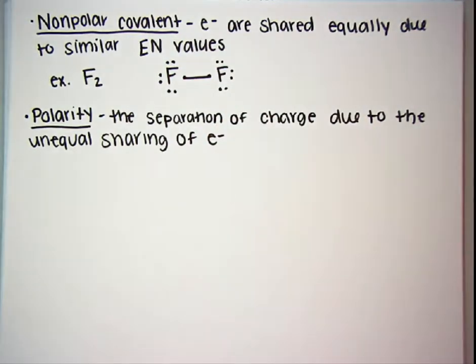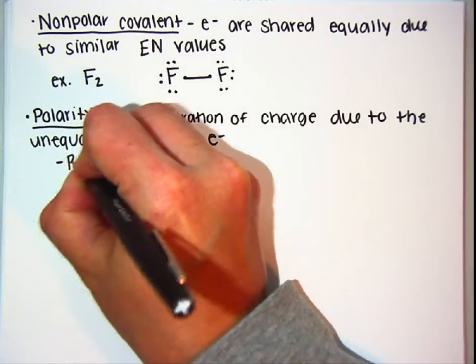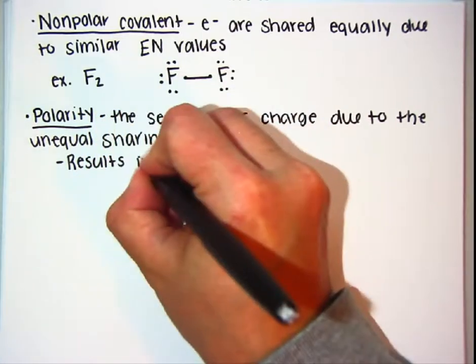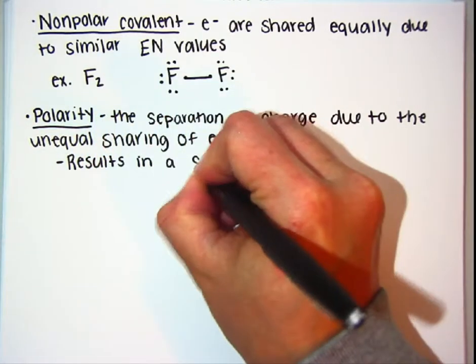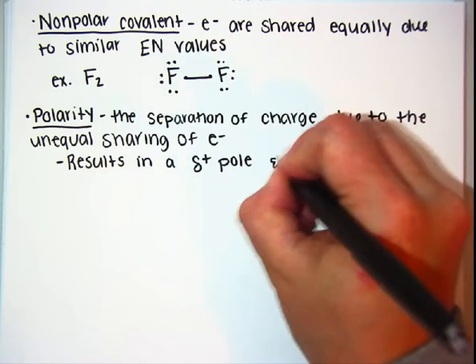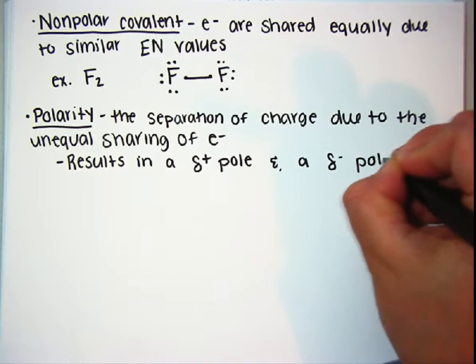So we just saw that when we looked at water. We had a separation of charge due to the unequal sharing of electrons. When we have that unequal sharing of electrons, it results in a partial positive pole and a partial negative pole.